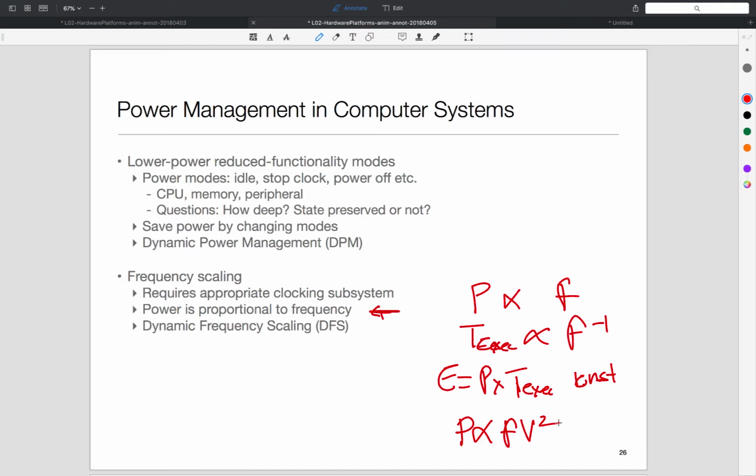And what about voltage and frequency? What do you think would be the relationship between them? If I increase the voltage, what happens to the speed of the circuit? Assuming you don't increase the voltage so much that it burns down or gets damaged.